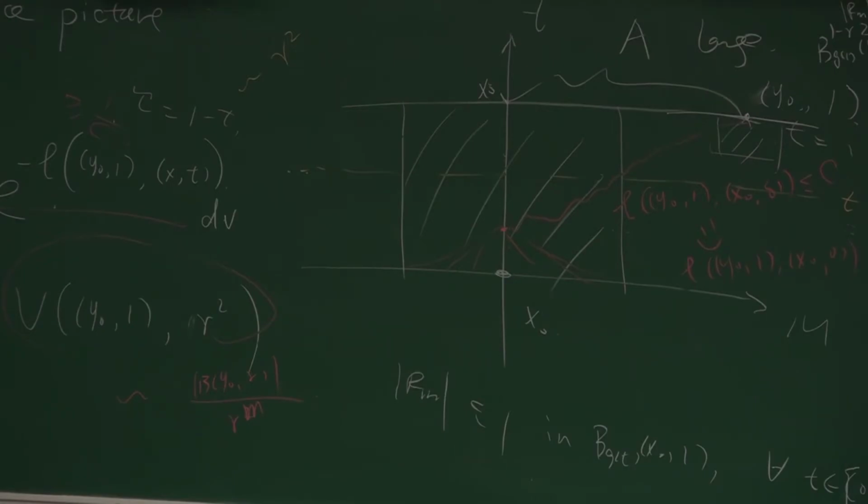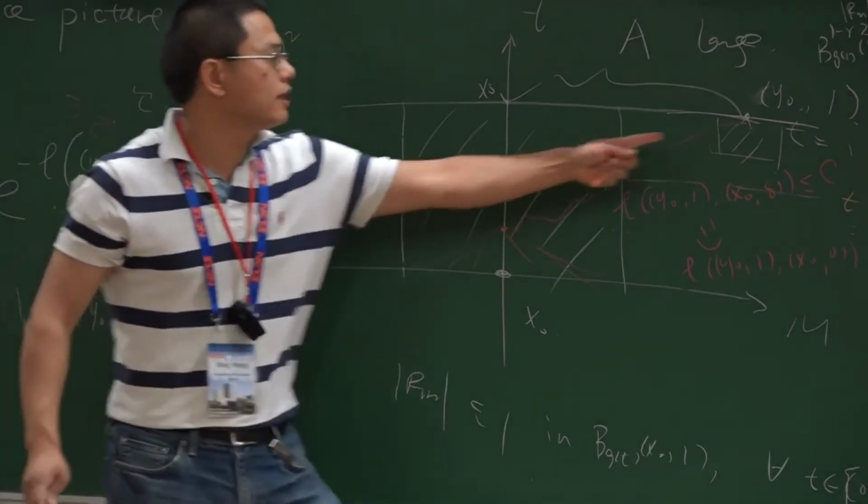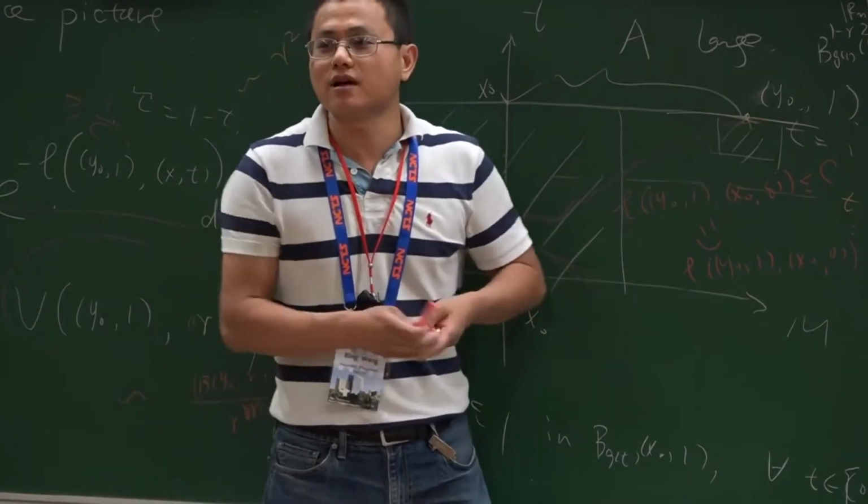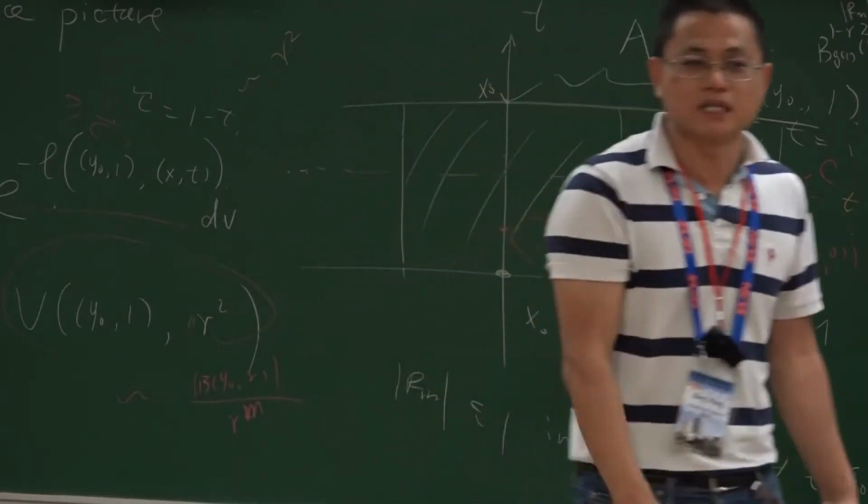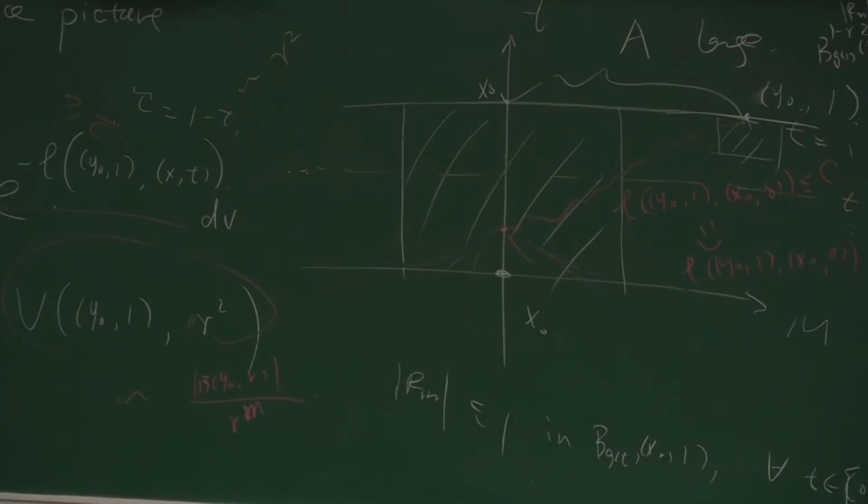So if you have a non-collapsing here, you have a non-collapsing here. There is a propagation of the non-collapsing. So this is Perelman's theorem in chapter 8 of his paper, right?